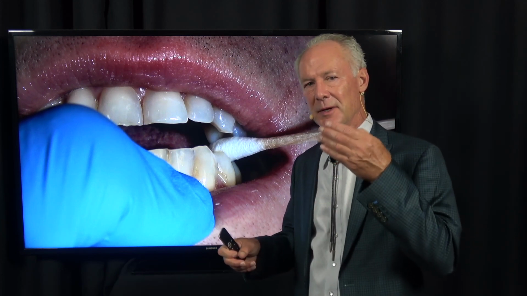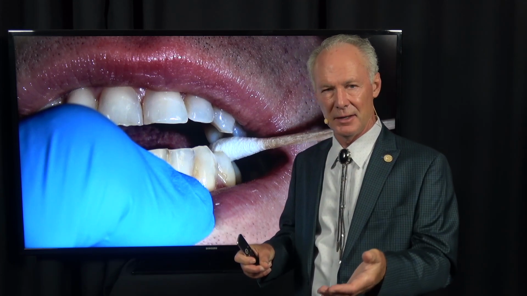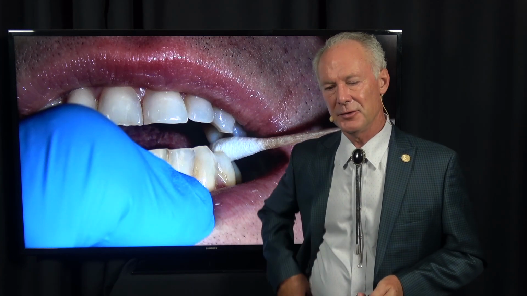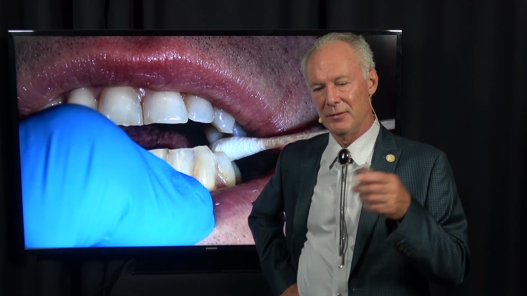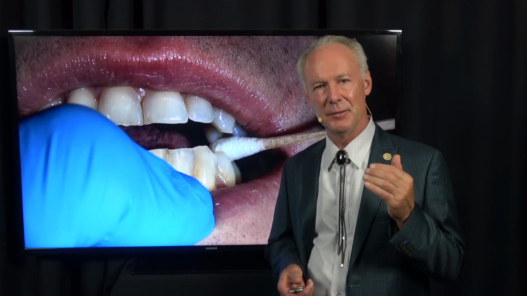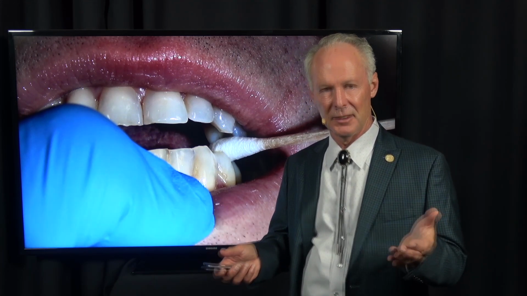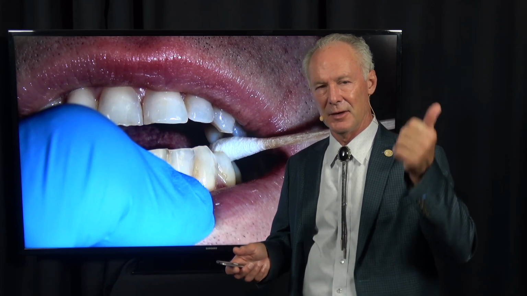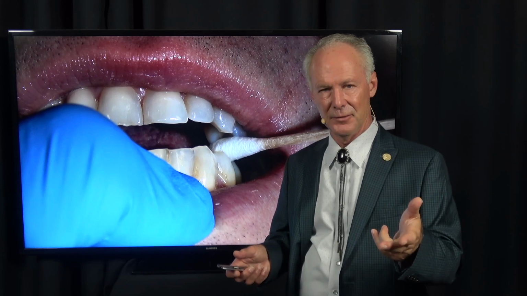It may also be cold and maybe hot, but it's going to be biting down. If it's exposure of a nerve from decay or gingival recession, that's going to be pain to cold. Pain to cold. Maybe pain to sweet, but that's going to be pain to cold. So abscess, cracked tooth, nerve exposure.